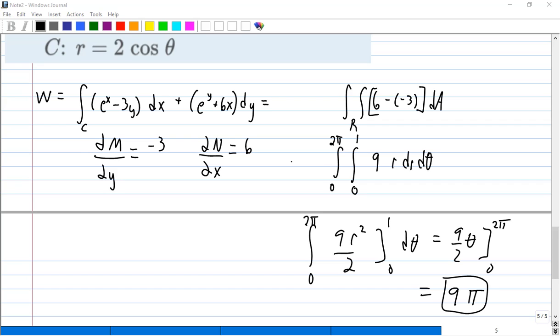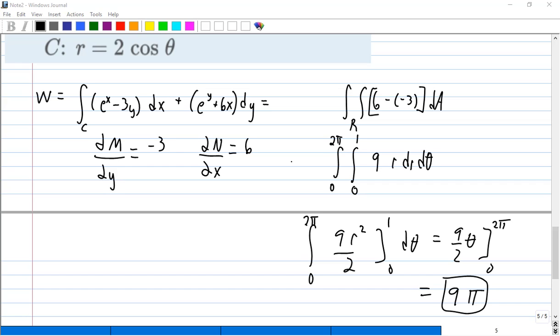So the last part of this section is on the alternate forms of Green's theorem. Let me make sure that I covered everything about Green's theorem that I wanted to cover. I did not.